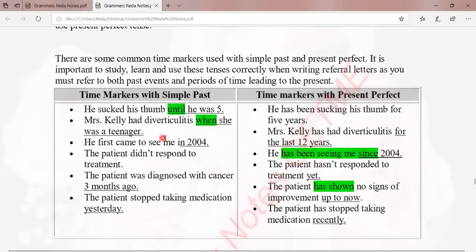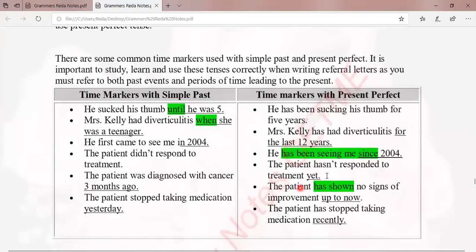Mrs. Kelly had diverticulitis when she was a teenager. Mrs. Kelly has had diverticulitis for. So when, until, time marker for past simple. But for and since for present perfect or present perfect continuous, like has been, verb plus ing.